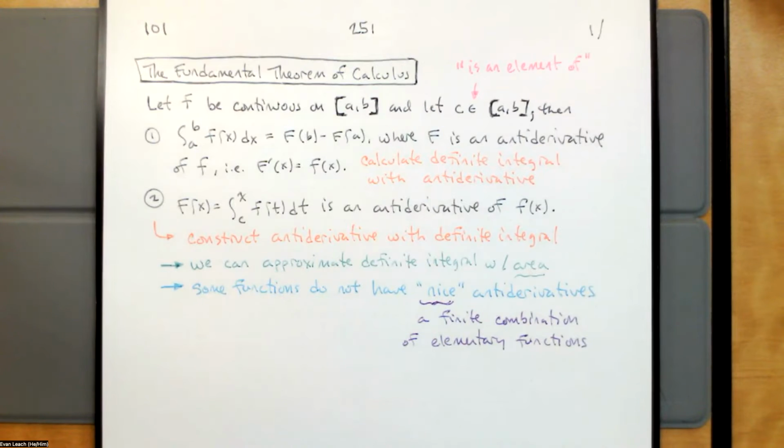Since some functions do not have nice antiderivatives, they're not the derivative of any finite combination of elementary functions. It is very useful to be able to construct those antiderivatives using the definite integral, because the definite integral can be approximated by area to any degree of accuracy for a continuous function, given enough computing power or data.